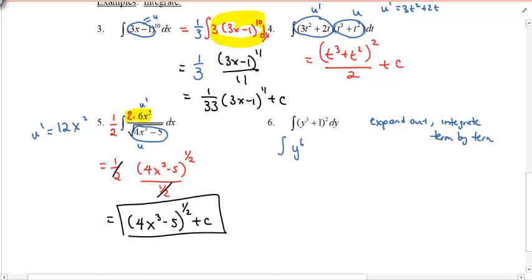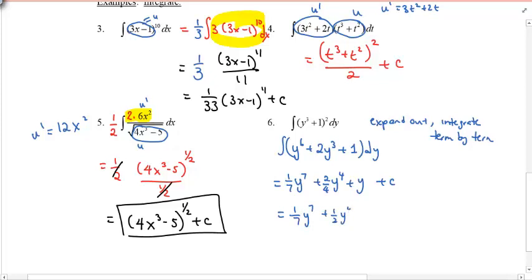So probably writing this as y to the power of 6 plus 2y cubed plus 1 all dy, and then anti-differentiating these things individually. 2 over 4 plus y plus c. You want to simplify that 2 over 4 to 1 over 2. I'm glad to do that for you as well. And there's your answer for 6. Alright, let's turn the page.